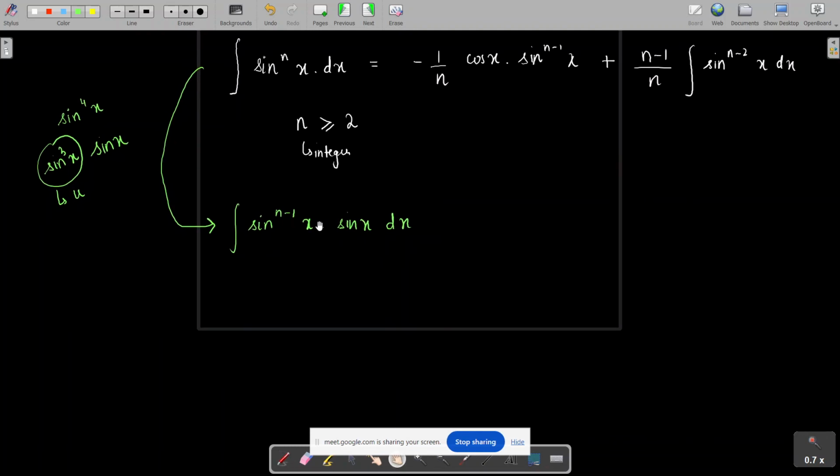Yes, because basically if you add the exponents, n minus 1, this one is 1, so n minus 1 plus 1 is nothing but n. So I have written n as n minus 1 plus 1. Okay. Now we will use integration by parts.